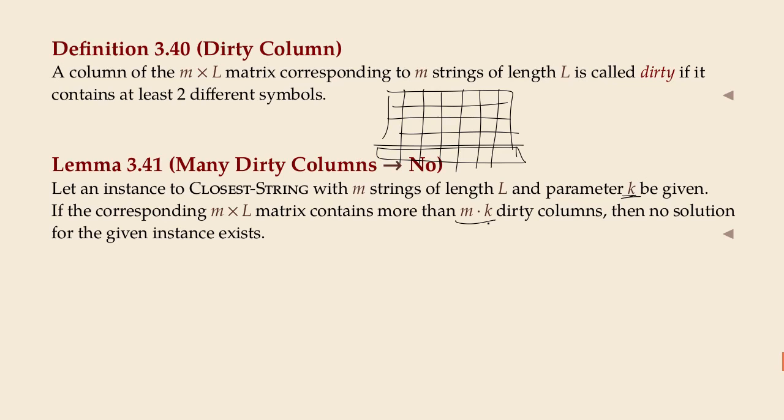And the reason is a simple pigeonhole principle. So if you have strictly more than m times k columns and m strings, there must be one string that has more than its share.